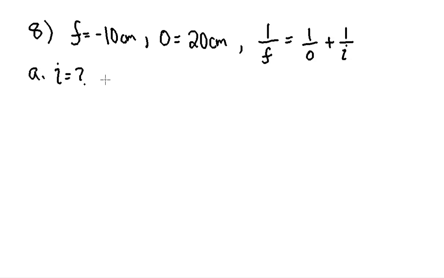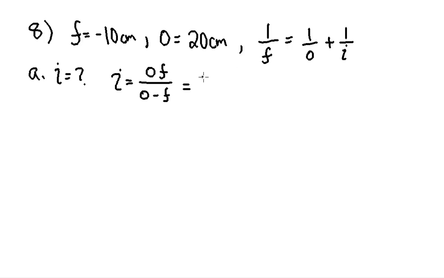And we end up with the image distance is equal to the product of the object's distance times the focal length divided by the object's distance subtracted by the focal length.